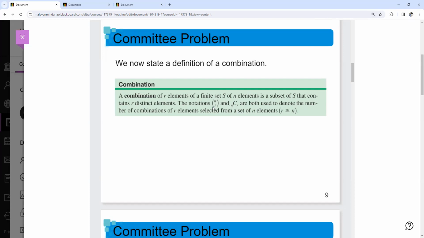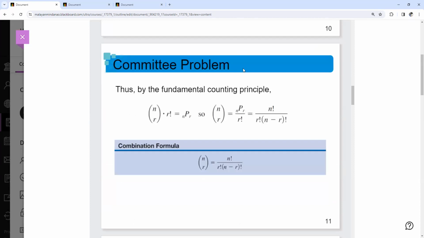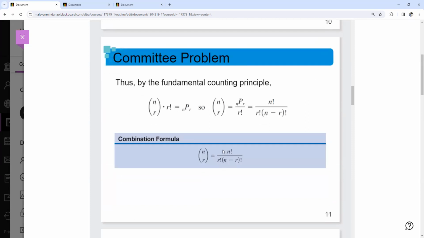But there's another more popular notation, this column matrix n r. This is usually the notation used for combination. And I will show you the formula.